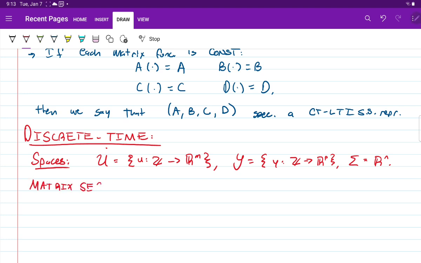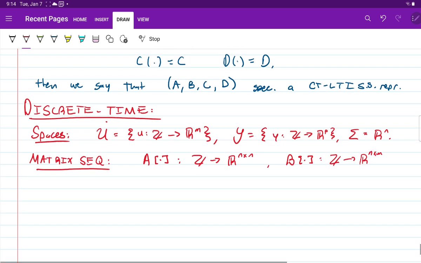Matrix sequences. All right? So I'm going to have a sequence A, which I'll denote with these little square brackets here. So map from Z to R^(n by n). I'll have a sequence B of matrices. So this goes from Z to R^(n by m).